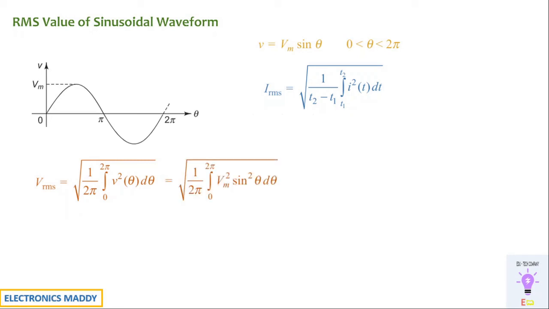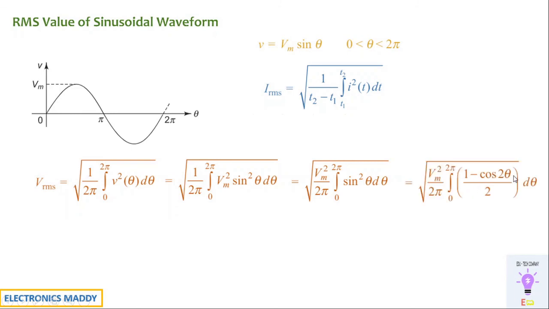That can be further simplified as V is written as Vm sin theta and we have substituted it. Further, Vm square is taken out in common, and sine square theta can be written as (1 minus cos 2 theta) by 2. Once that is done, we apply integration: the integral of half is theta by 2, and the integral of cos 2 theta is sine 2 theta divided by 2.